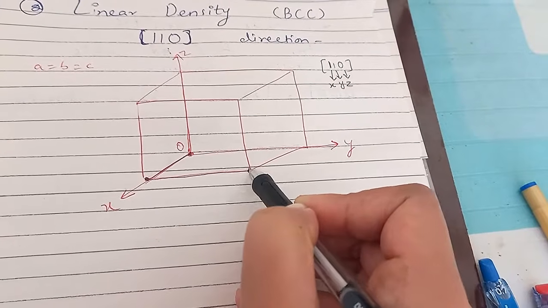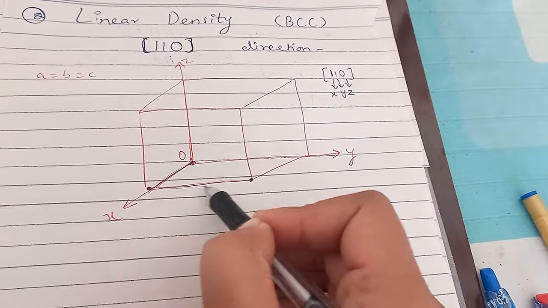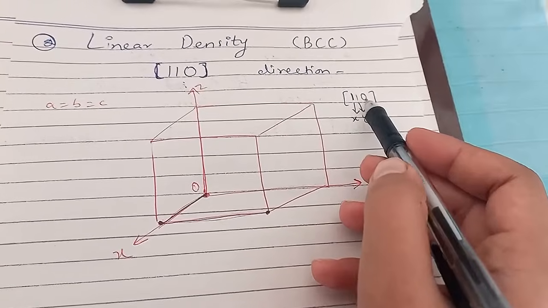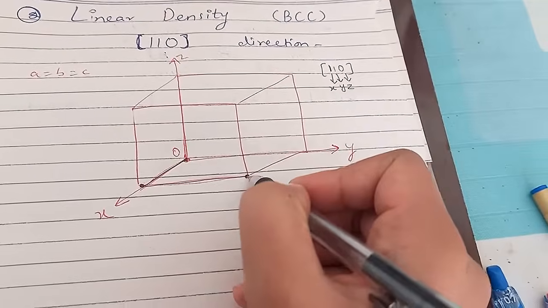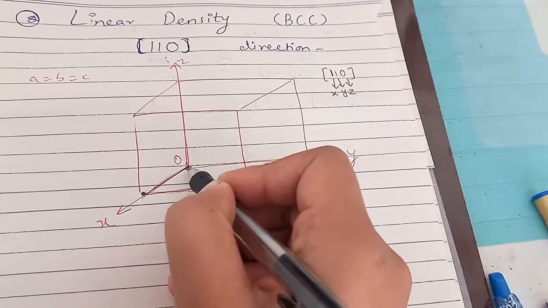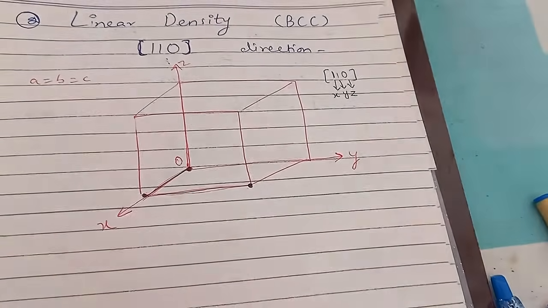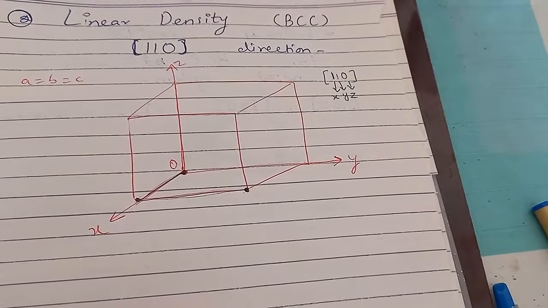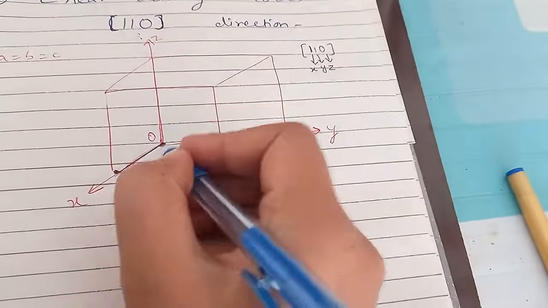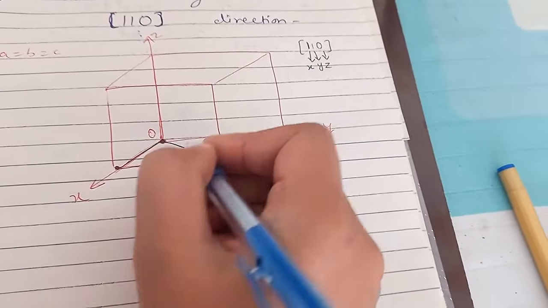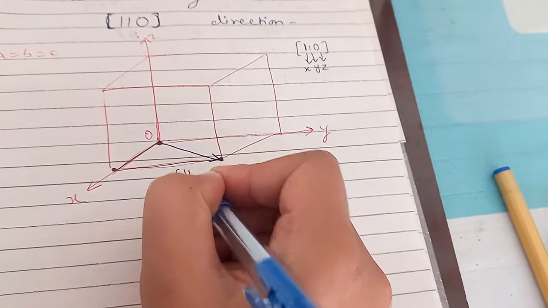Since the z coordinate is 0, we do not have to move along the z-axis. So this is the final destination, and this is the initial. From initial to final, we'll draw a straight vector. That will be the direction 110.